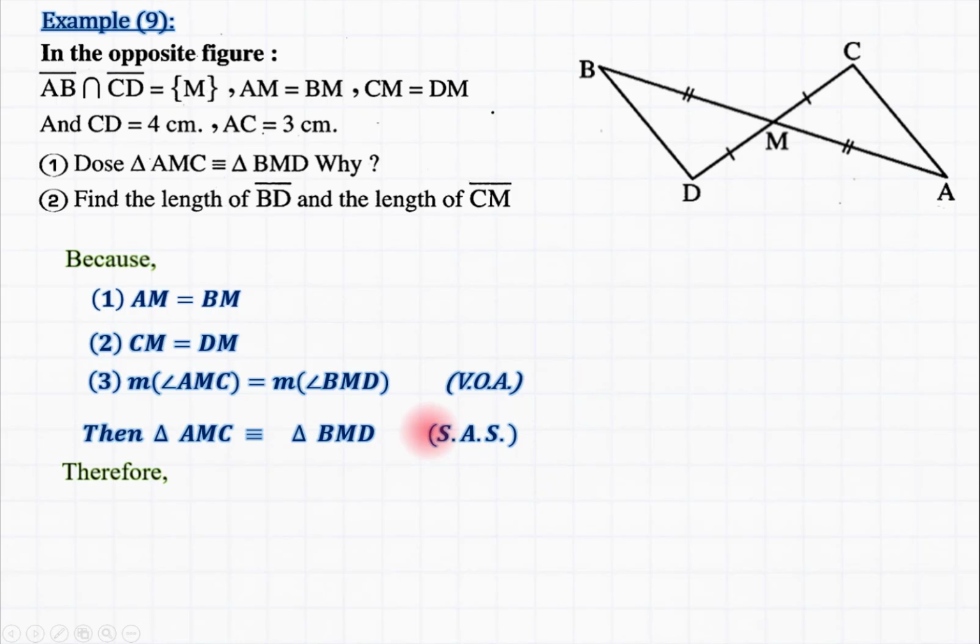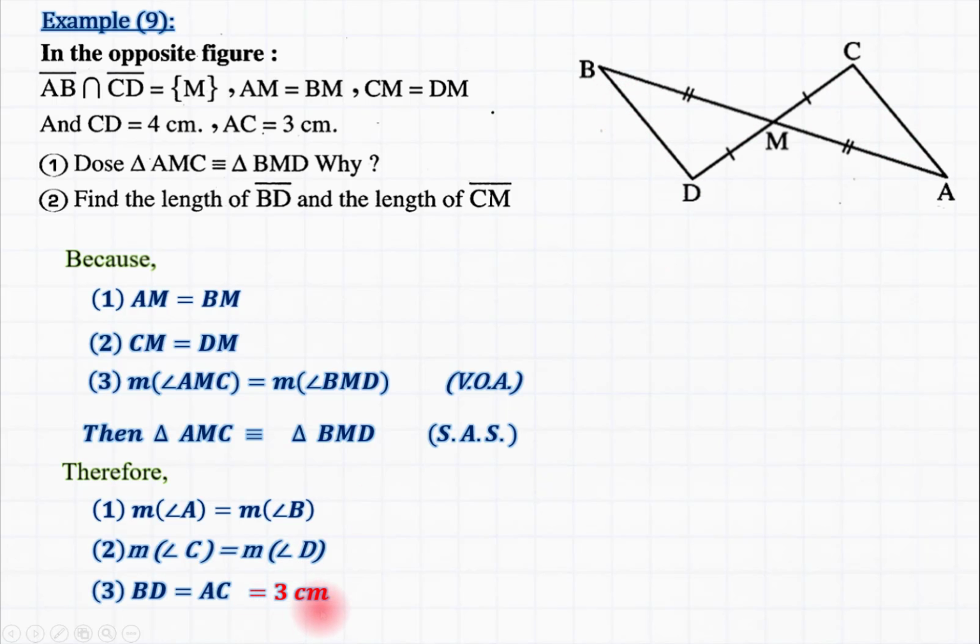Therefore measure of angle A will equal measure of angle B, and measure of angle C will equal measure of angle D, and the length of BD will equal the length of AC. Because AC equals 3 cm, therefore BD equals 3 cm. And because CM equals DM and the length of CD equals 4 cm, therefore CM equals DM equals 4 divided by 2 equals 2 cm.